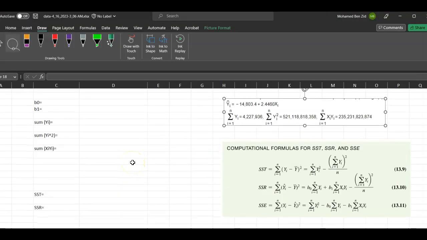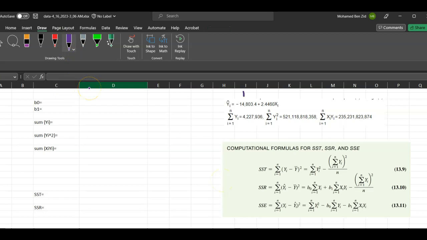So here I have the formulas and I have the values. What I'm about to do right now is identify each value here. According to my formula, this is b0 plus b1x, so I can identify b0 and b1, and the rest are straightforward. The sum of yi's is right here, the sum of yi squared is here, and so forth.